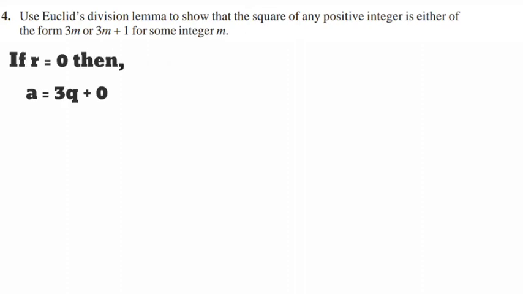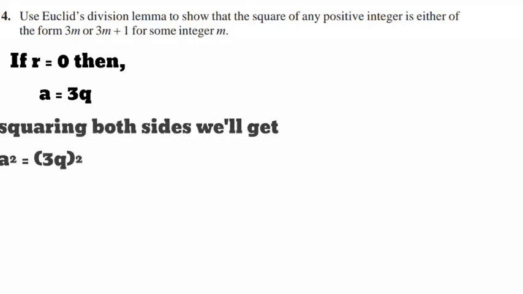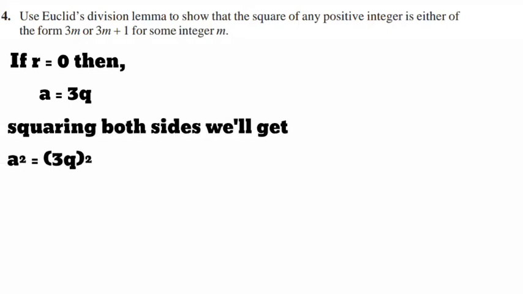If r is equal to 0, then a will be equal to 3 times q, the quotient, plus 0. And we know that 0 has no value, so we can erase it, and it becomes a is equal to 3q. Now, squaring both sides, we get a squared equal to 3q the whole square, that is a squared equal to 9 into q square.